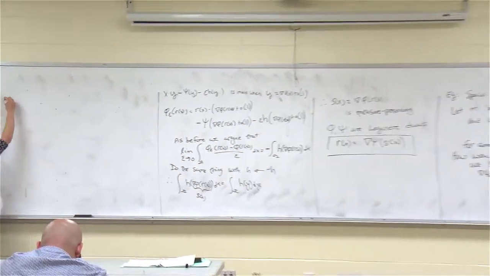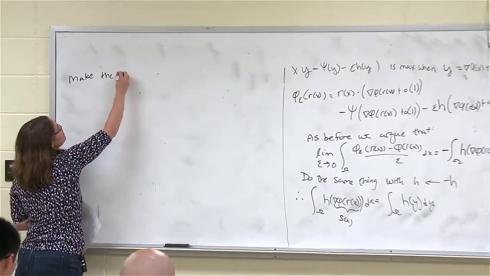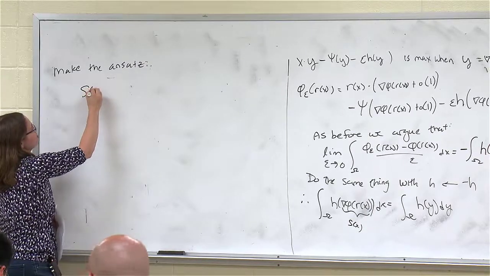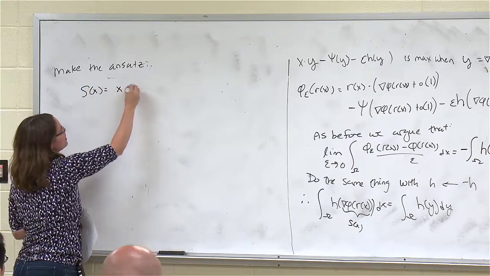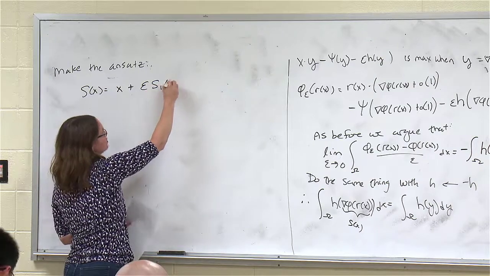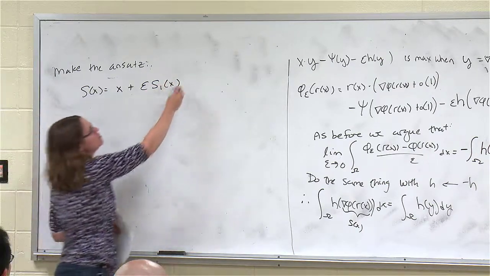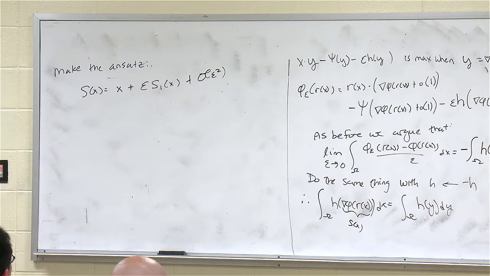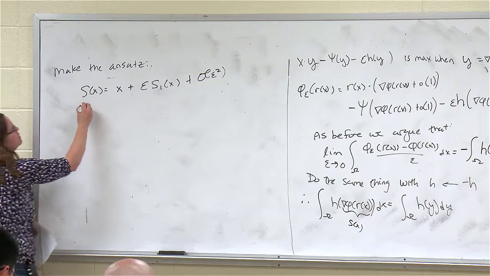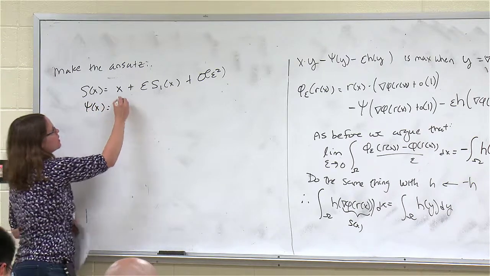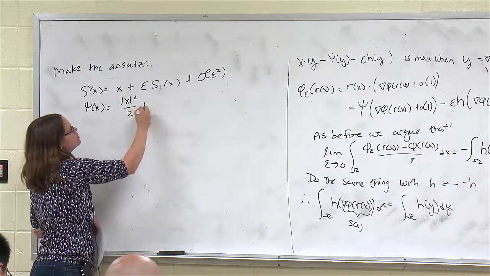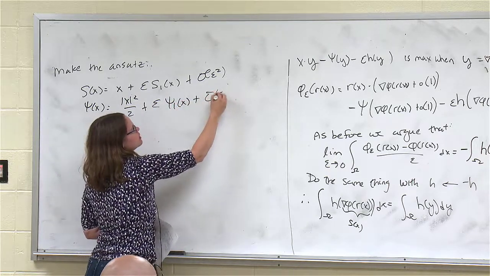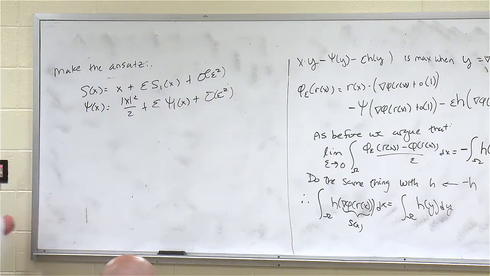Okay, so let's make this ansatz. Okay, that S of x is going to look like x plus epsilon times S1 of x, plus higher order terms. Okay, and my convex function is going to look like x squared over 2 plus something that's of order epsilon, plus higher order terms.